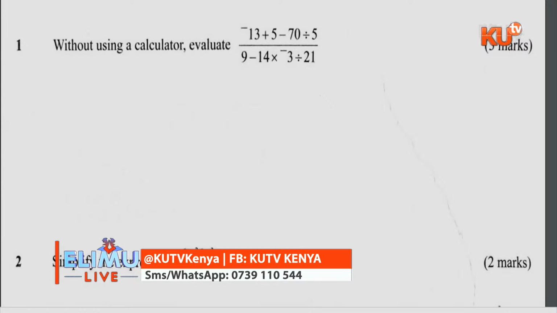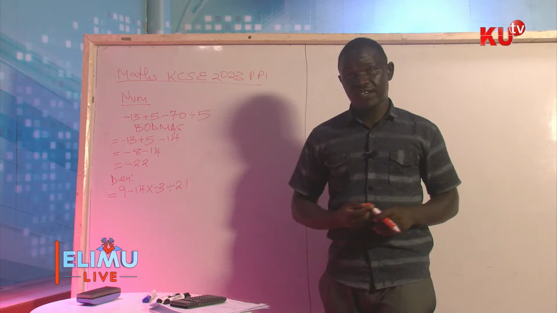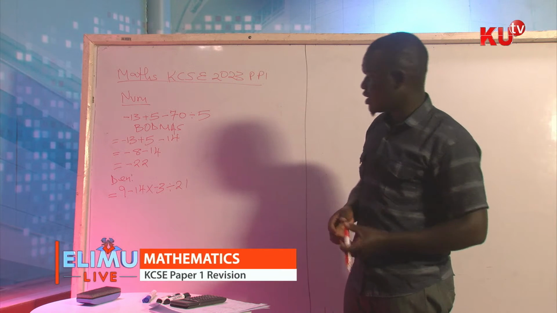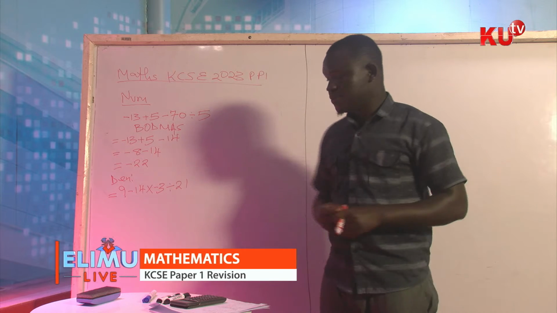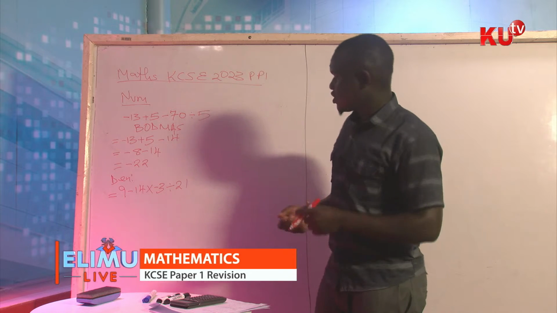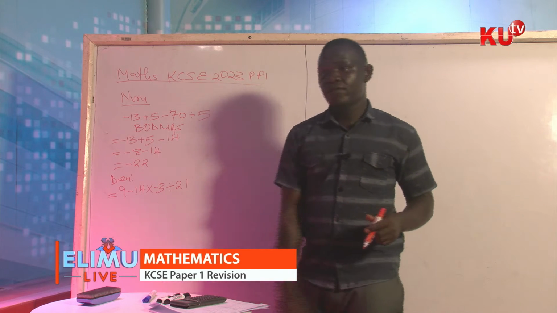That is our denominator part. So again, you consider the rules of BODMAS. We have subtraction, multiplication, and division, so the first operation coming there is division. So we are first going to perform the division, negative 3 divided by 21.